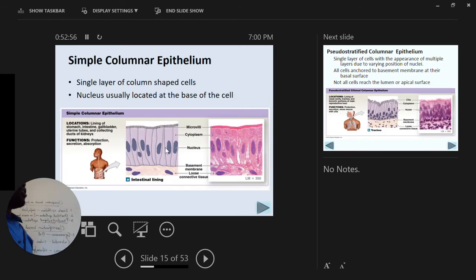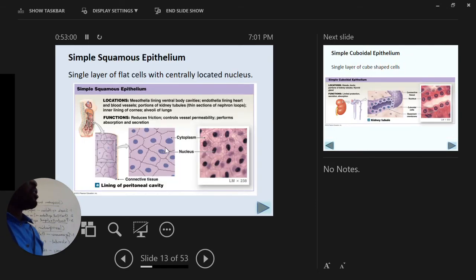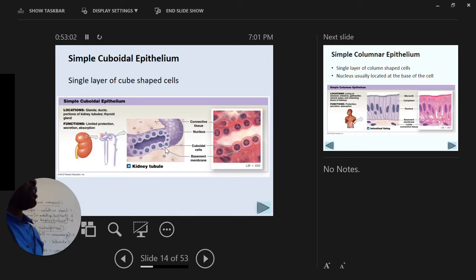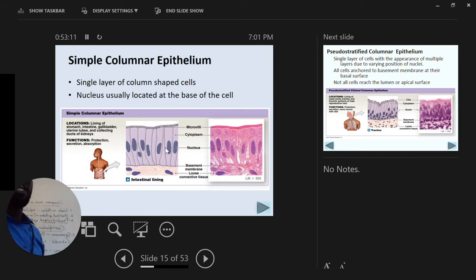Okay. So they are able to protect, they secrete, and they also absorb. So all you just need to take note of is that cuboidal does protection, but it's limited protection. It is columnar that does the major protection. Do you get it? Columnar, and for the shape, you can tell too, right?